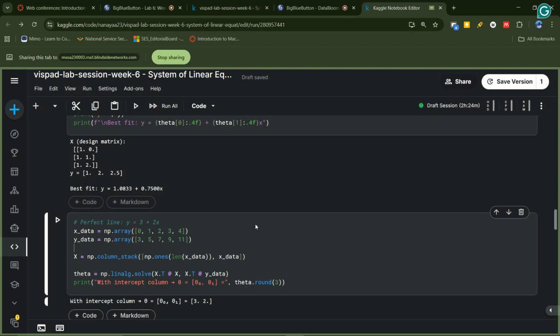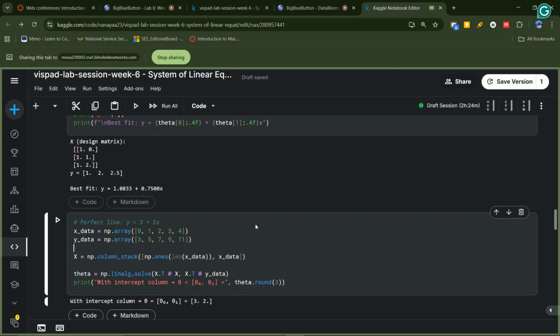So over here, if we are writing it in a column, you realize that your x then has a column vector of 0, 1, 2, 3, and 4.